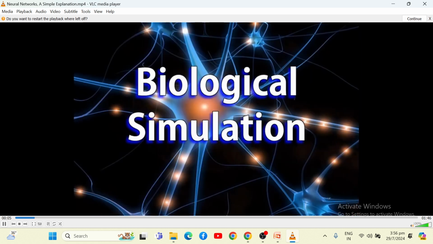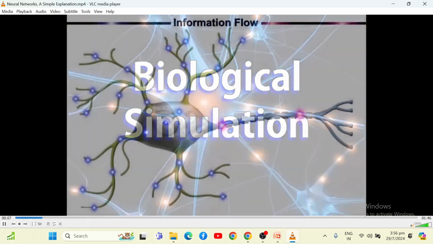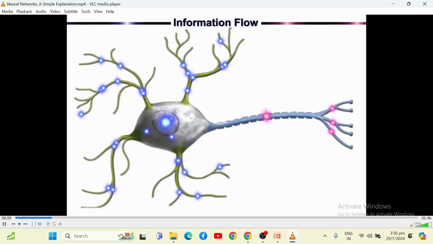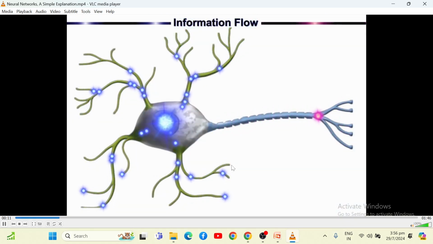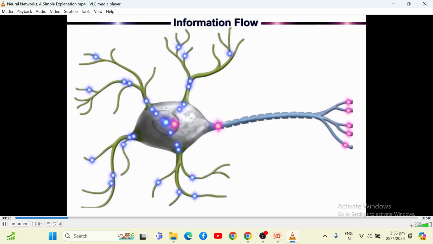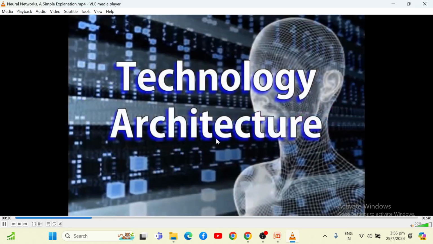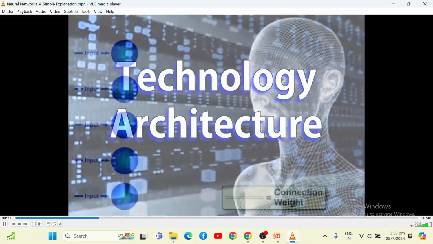If you look at the video, this is a biological neuron. Information flow is there from dendrites to soma. If you look at this video, the blue colors are the information coming in and the red colors are the information that has been processed.